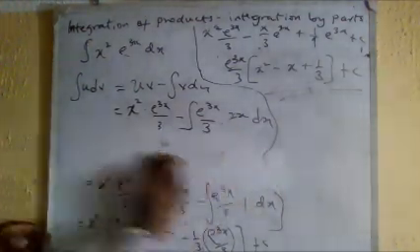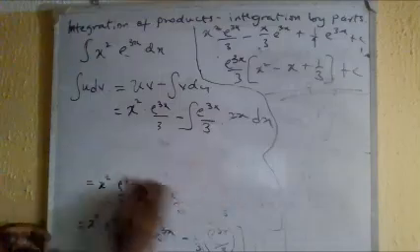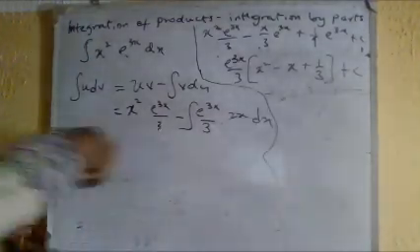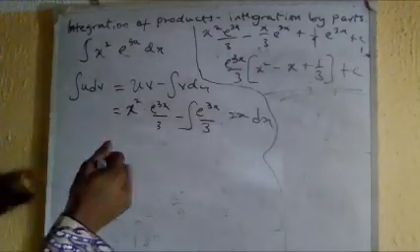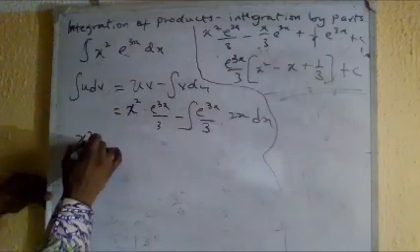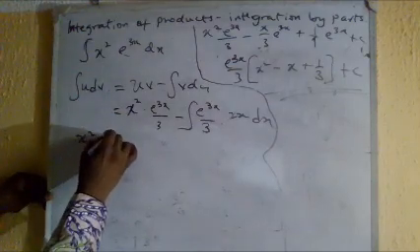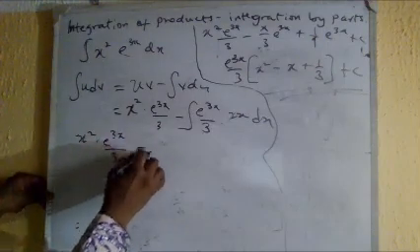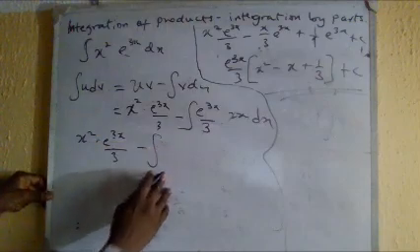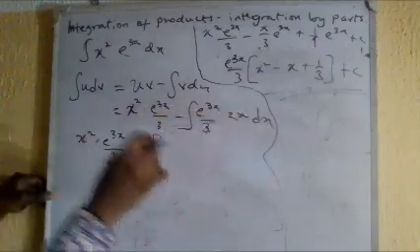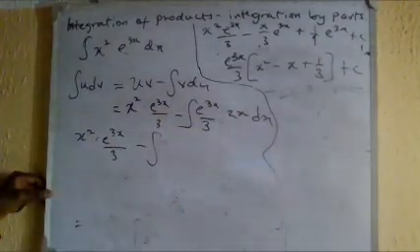Okay, so at this point, I will just say x squared dot exponential 3x over 3 minus, then integral. Okay, so I have 2 over 3 that will come out as a constant.